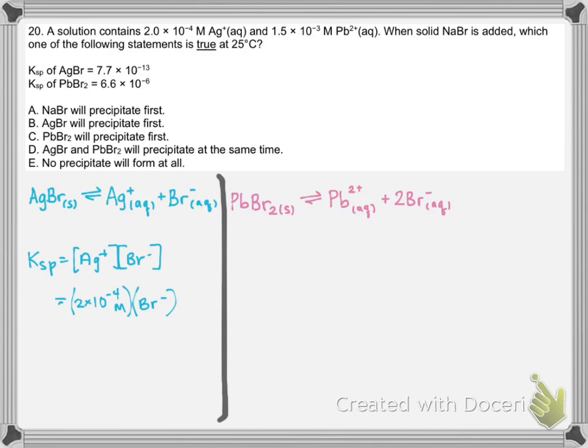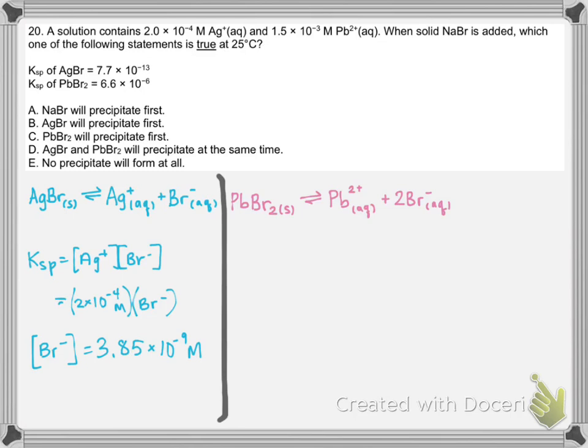And so we can use the KSP from up above to solve for the bromide ion concentration. And for this one, it would be 3.85 times 10 to the negative 9th molar. So as soon as we add even 4 times 10 to the negative 9th molar, we'll start getting some silver bromide precipitated.